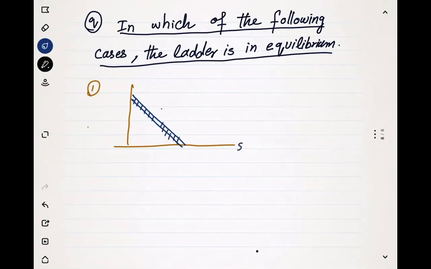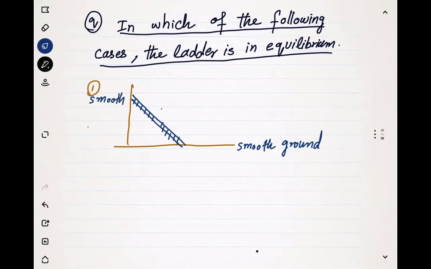So here the ground is, for example, smooth. Smooth ground will not provide any friction. And here the wall is also smooth.